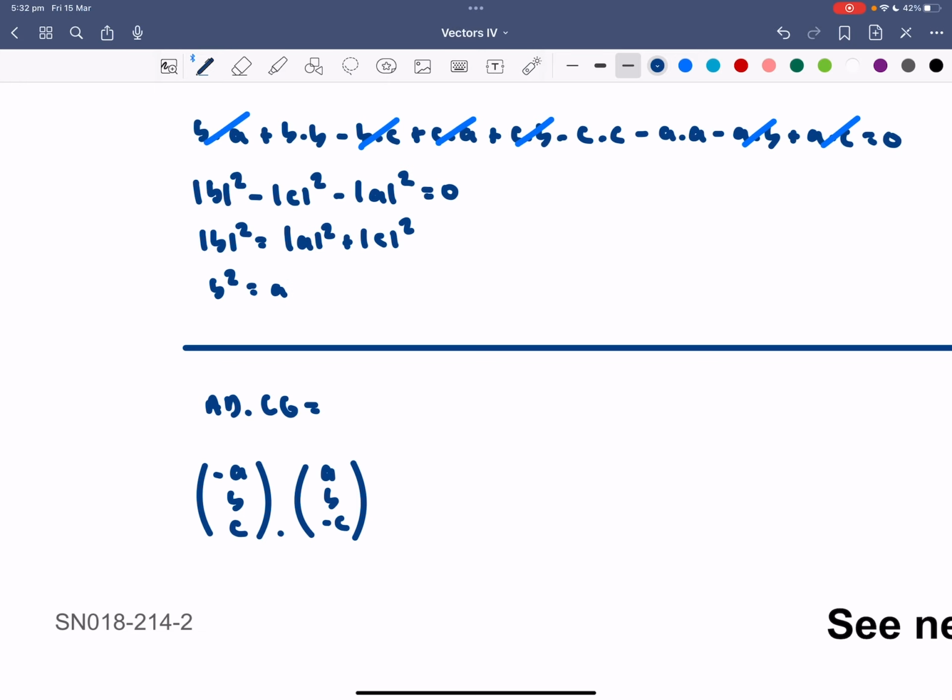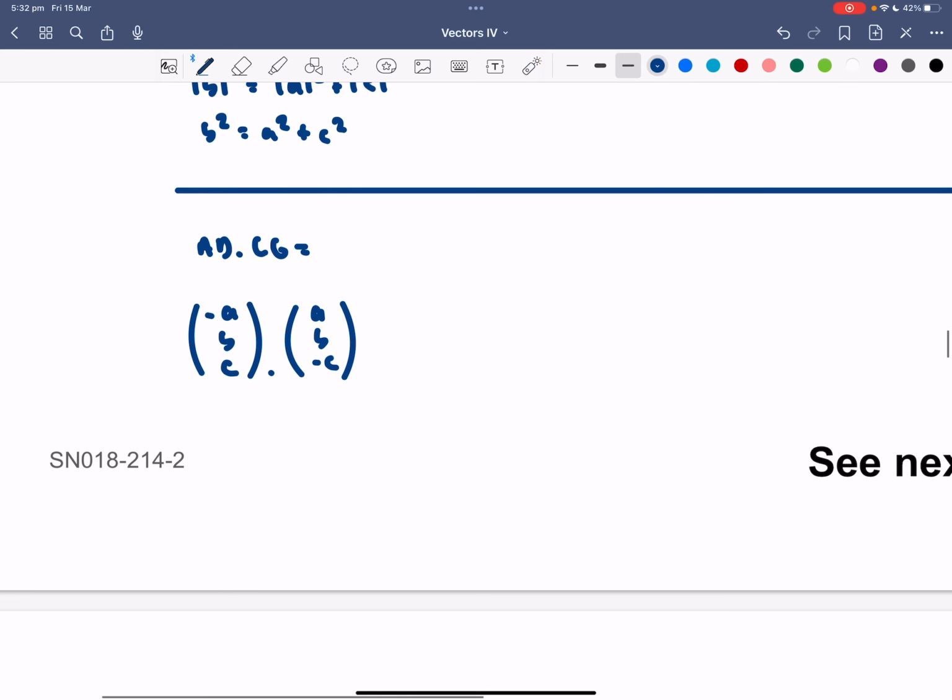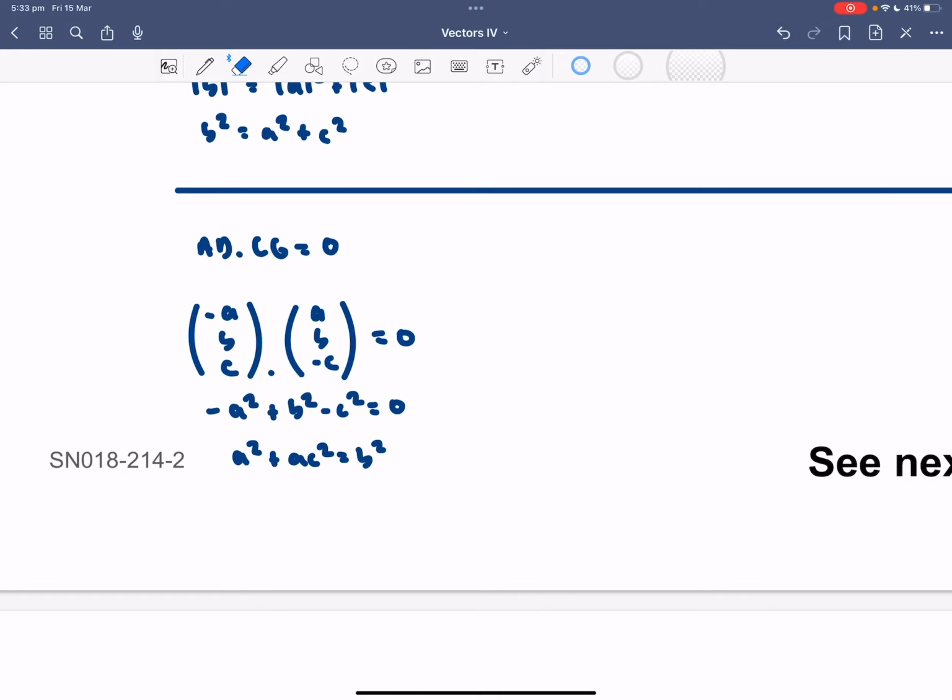So what I'm trying to say is, had I done it my original way, it would have still worked out fine. Now this way is obviously quicker. This dot is 0, so this automatically gives you minus A dot A, which is minus A squared, plus B squared minus C squared is 0, and that also yields us the same answer, that A squared plus C squared equals B squared.